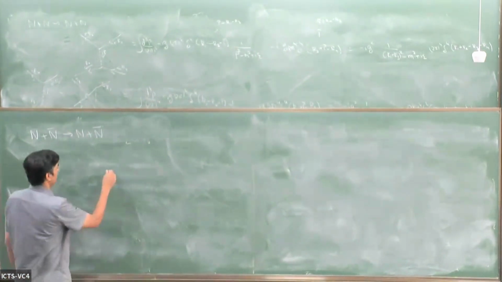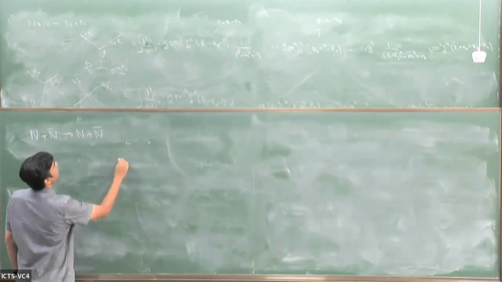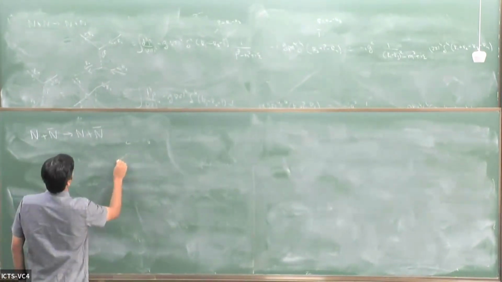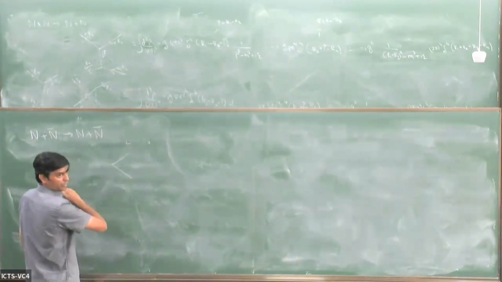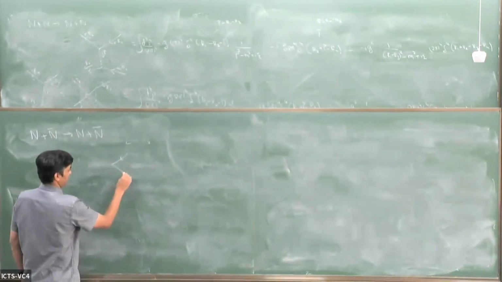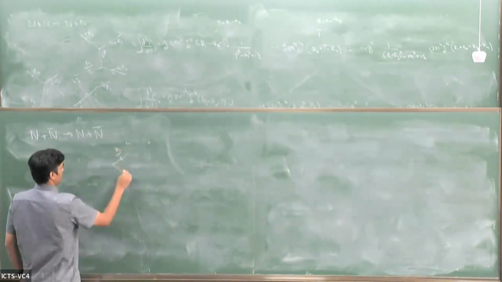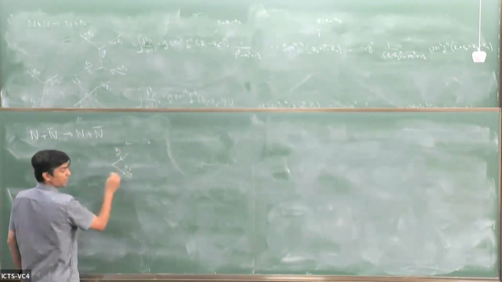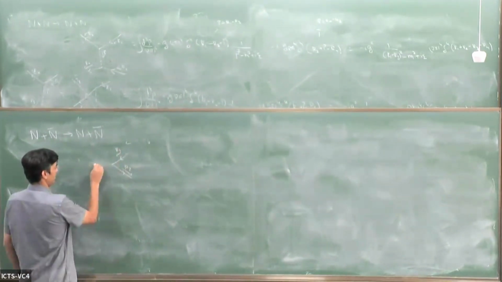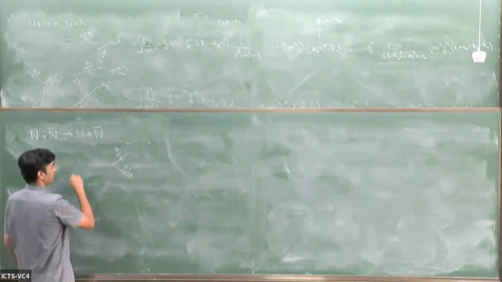Okay, so how should I draw it? Maybe I'll draw this vertex here, and this vertex. Let's call this K1 and this K2. Okay, and what's the diagram? I connect this.